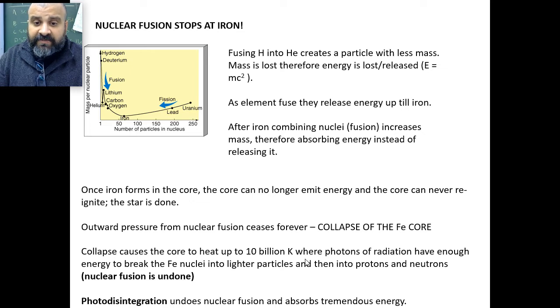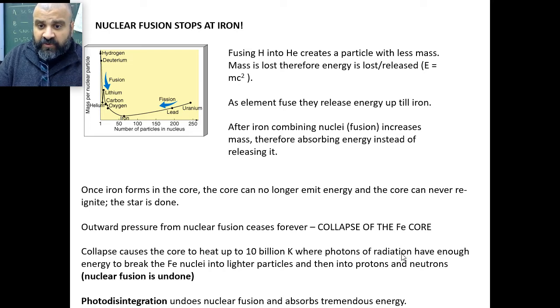So the collapse causes the core to heat up to 10 billion Kelvin, where photons of radiation, the core is glowing super hot. The radiation that's coming off of it isn't due to nuclear fusion, this is due to heat.